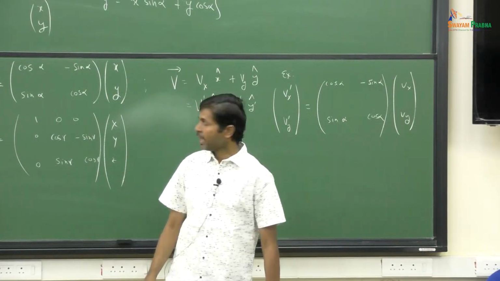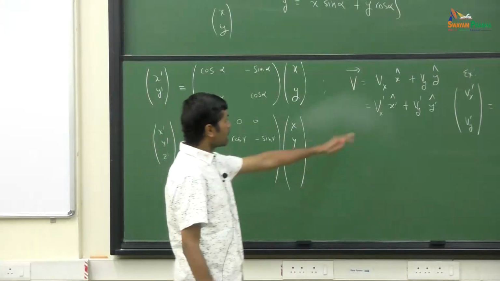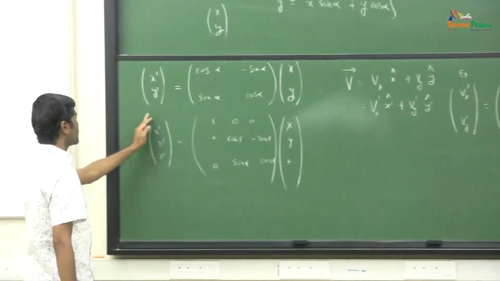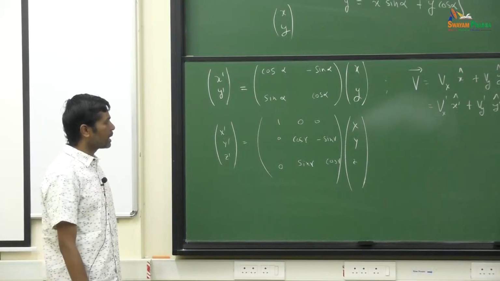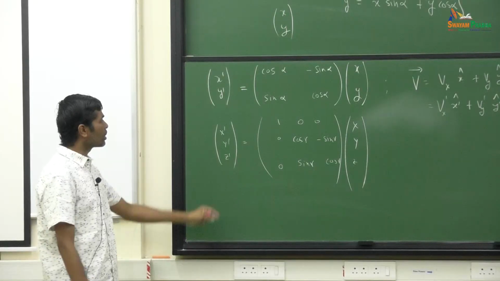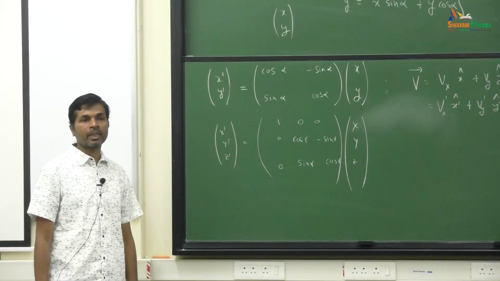This is how the position vector transforms. But any arbitrary vector, under rotation, will transform exactly the way the position vector transforms.